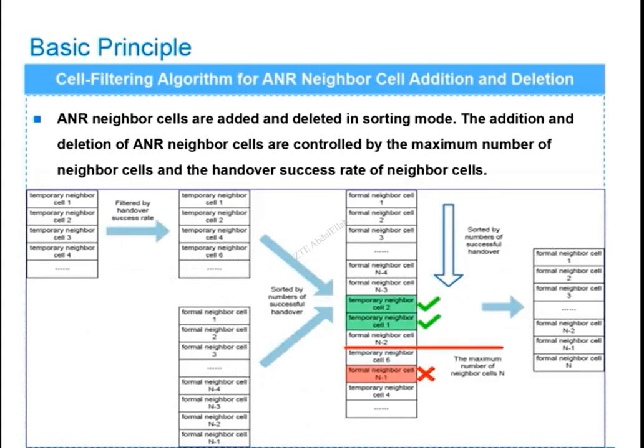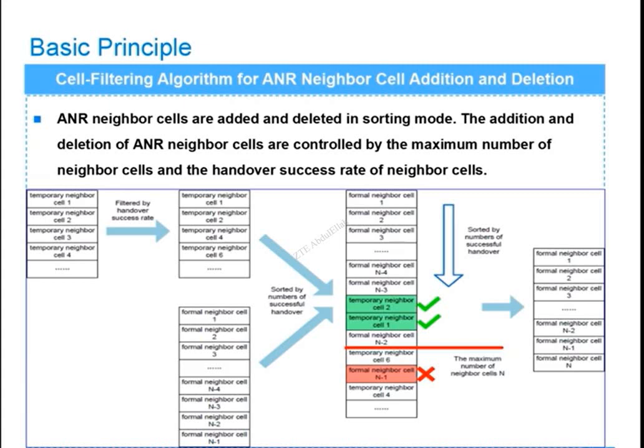During intra-site, intra-LTE or inter-LTE, intra-system or inter-system ANR functions, when we consider adding or deleting neighbor cells, we should perform the cell filtering algorithm. That is, in the table, no matter the temporary table or the formal table, the number of neighbor cells is limited.